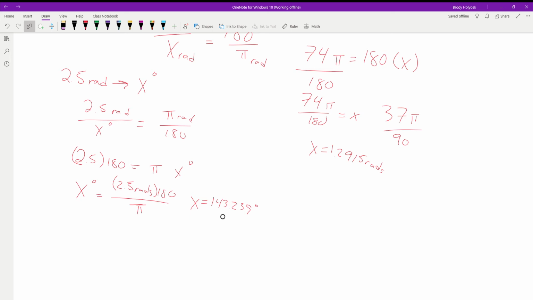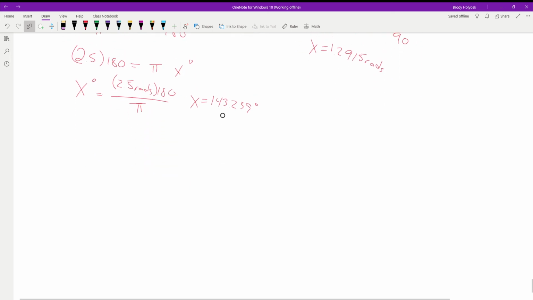So in the end, our conversions: if we're going from degrees to radians, we're going to take our number of degrees times pi, divided by 180.